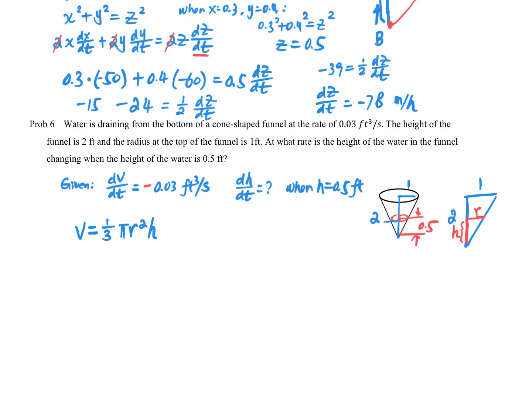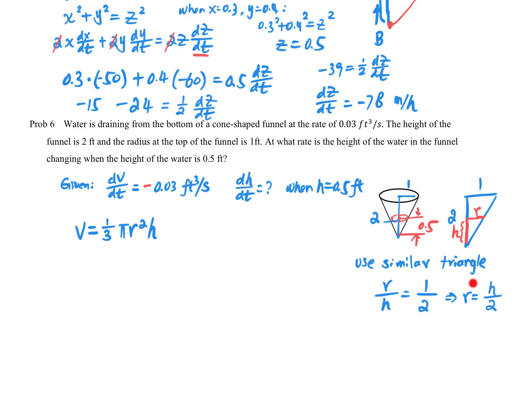So we use similar triangles. We know that r over h should be equal to 1/2, which means r is equal to h over 2, or you can say h equals 2r. I want to eliminate r because I want to find dh/dt, so I don't want the r.